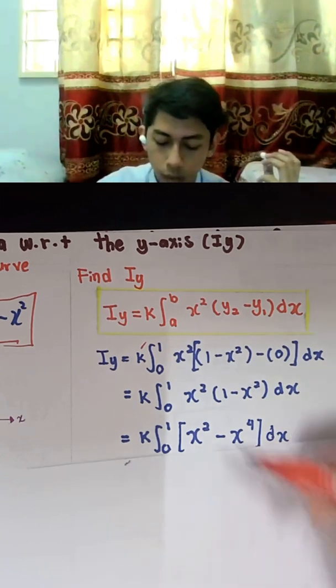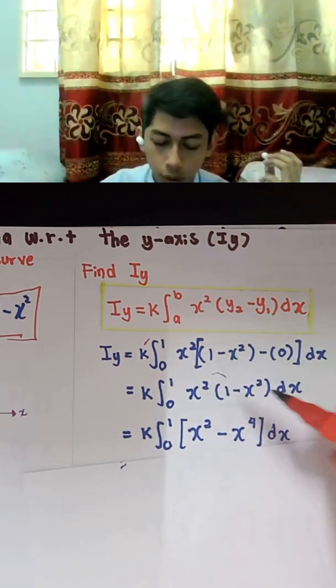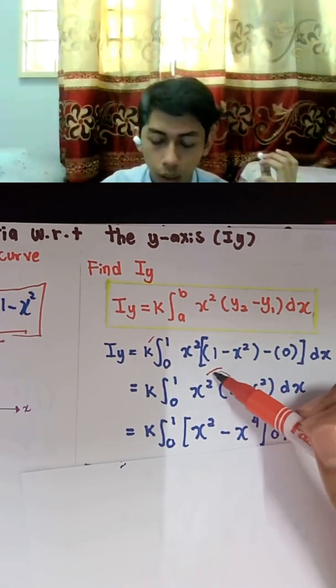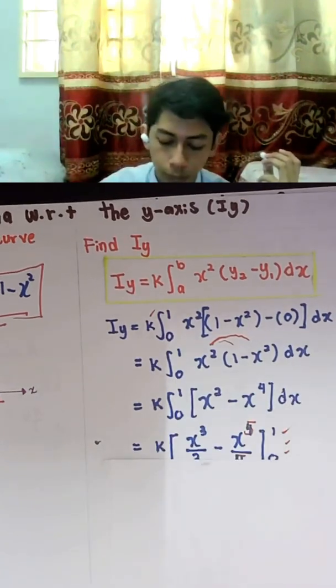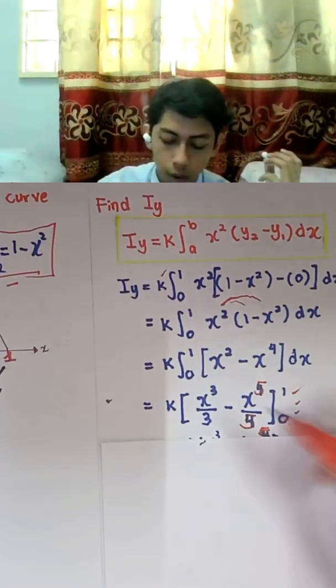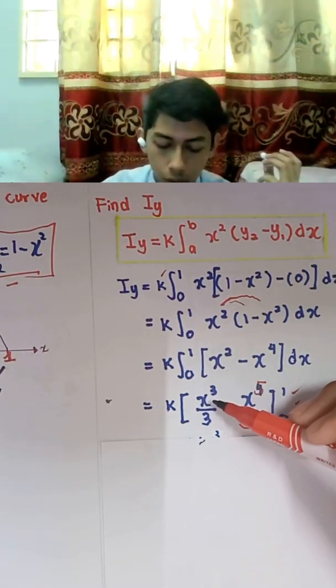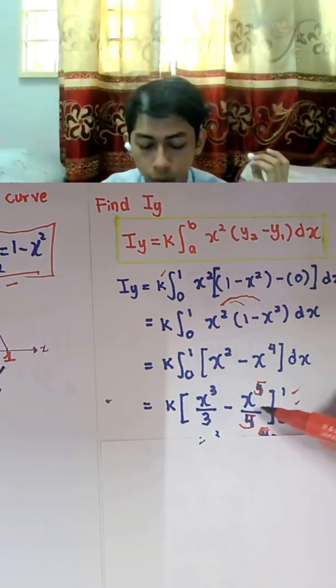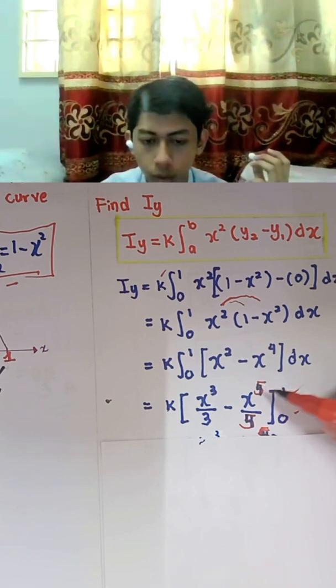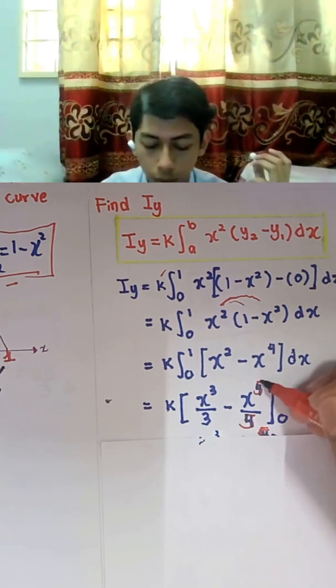After we multiply x squared by 1 and x squared by x squared, we get x squared minus x to the fourth. Then we integrate: x squared gives x cubed over 3, and x to the fourth gives x to the fifth over 5.